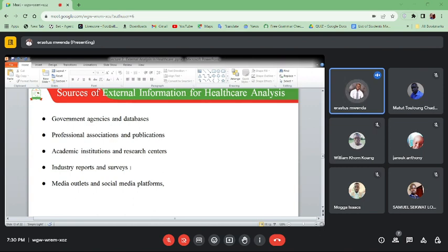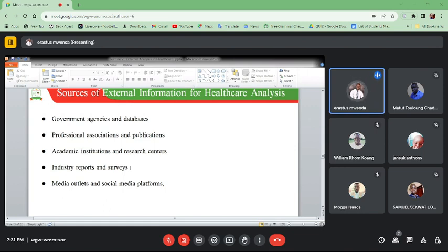For example, we could get surveys from the WHO. This organization will always provide World Health Statistics reports. Maybe those reports would be key for us to come up with certain policies as a healthcare organization. And also we could have reports from the World Bank health sector, where they give reviews on health matters from various countries.